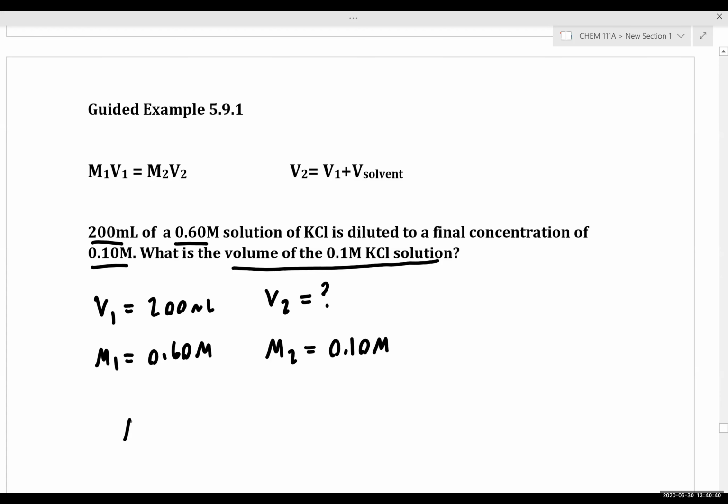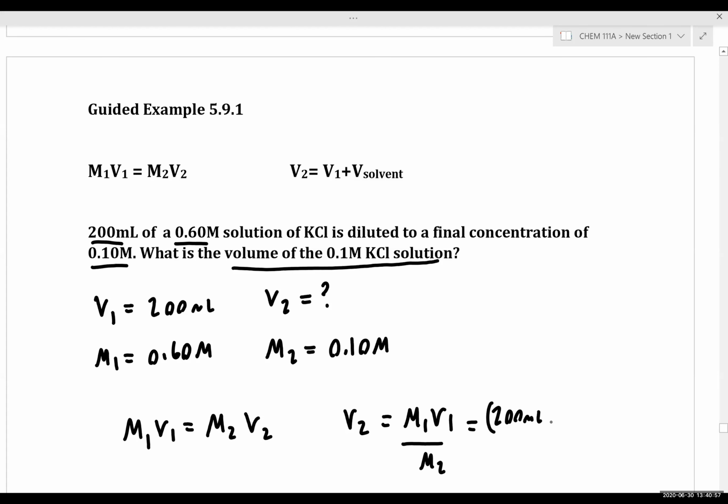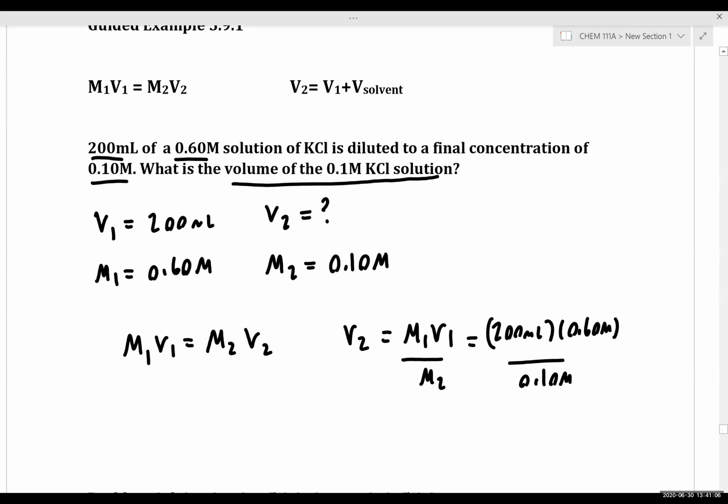So now, looking at our equation, M1V1 equals M2V2, we can solve for V2 by taking M1V1 over M2, which gives us 200 milliliters times 0.60 molar over 0.10 molar.